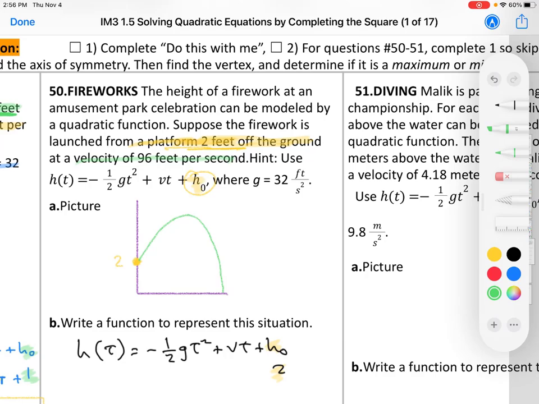Our velocity of 96 feet, V for velocity. Notice the T is still there. And then gravity, that's what G represents, I think. It's a constant, which means the same value, is 32. So you have H of T equals negative 1/2 G T squared plus 96T plus 2.